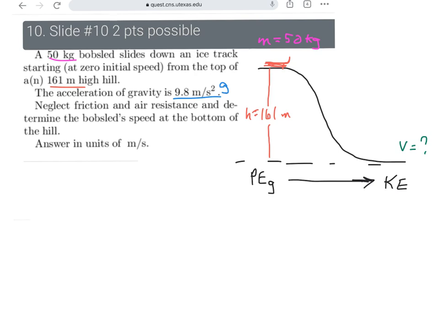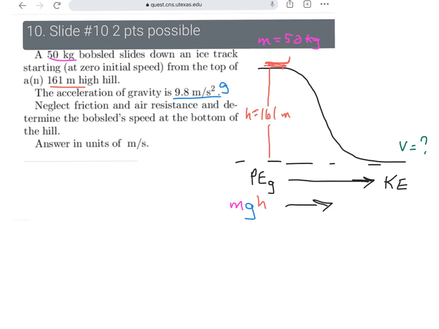So what we can do is we can go ahead and write out the equation for potential energy, and that's just mass times gravity times height, and we know all three of those variables, times height. That is going to go into, is going to be equal to the kinetic energy.